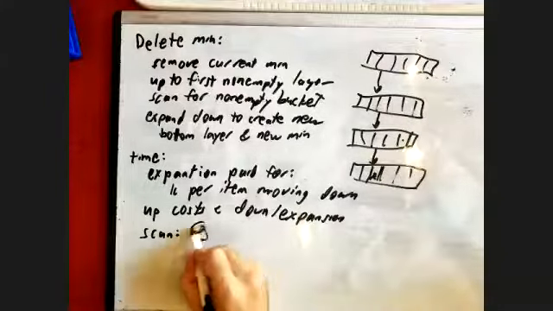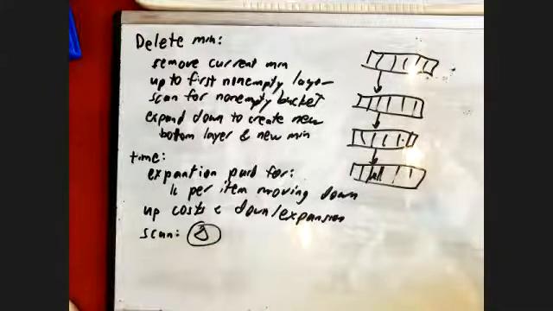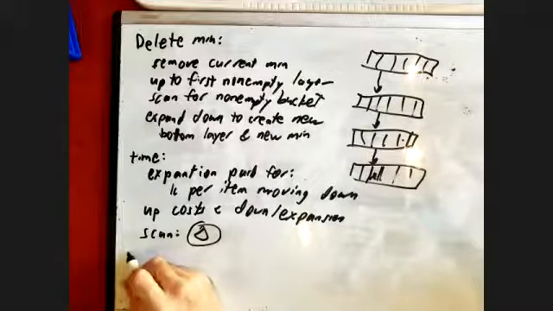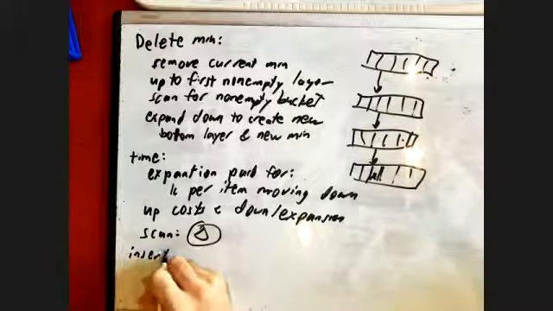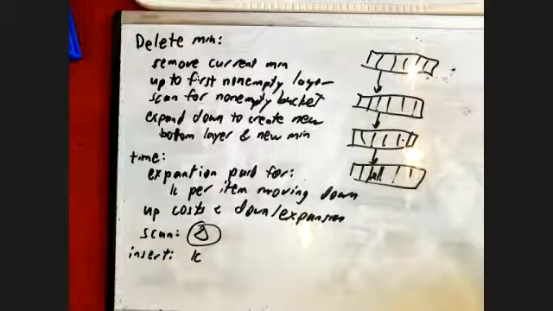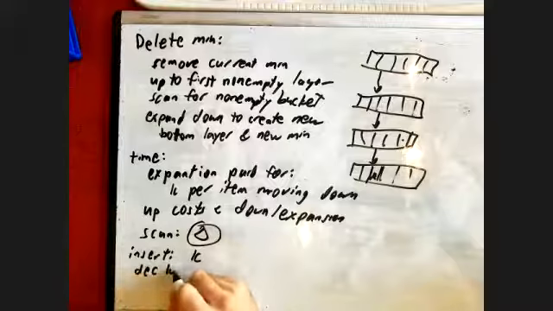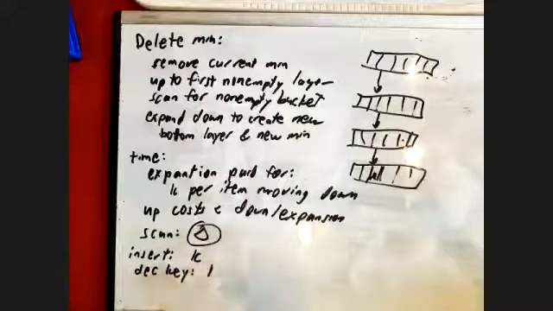So delete min costs delta. And remember that insert costs k. And decrease key costs 1, because we don't charge the descents to the decrease key, we charge them to the inserts.